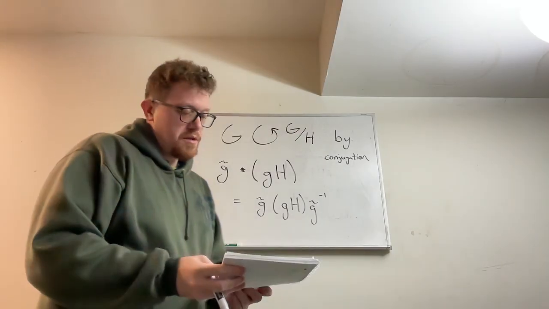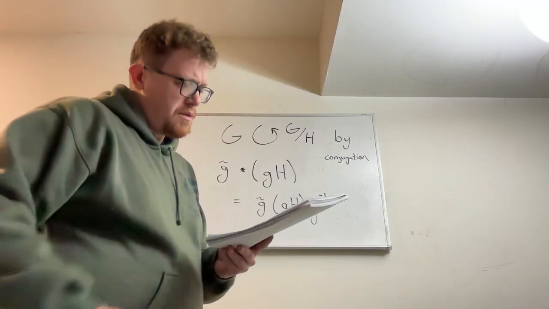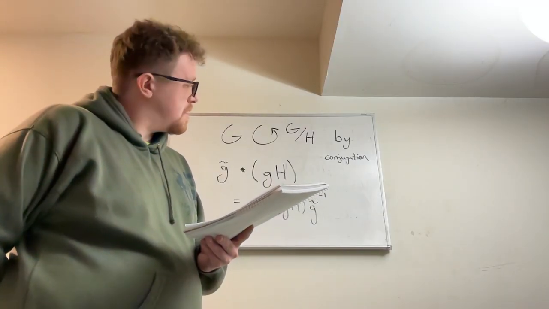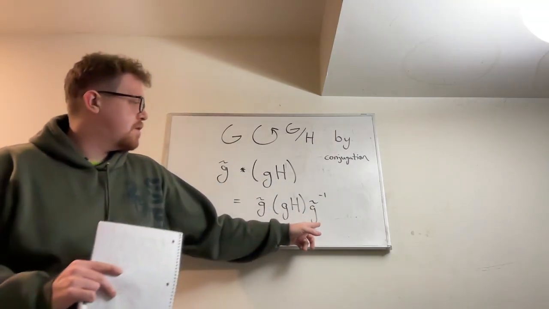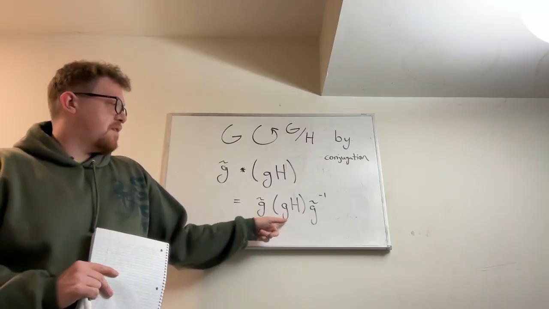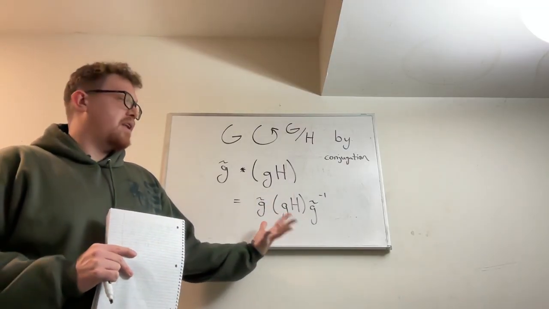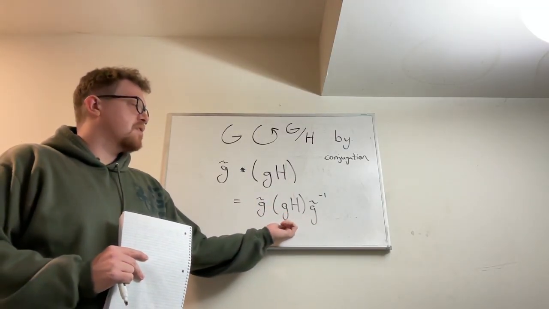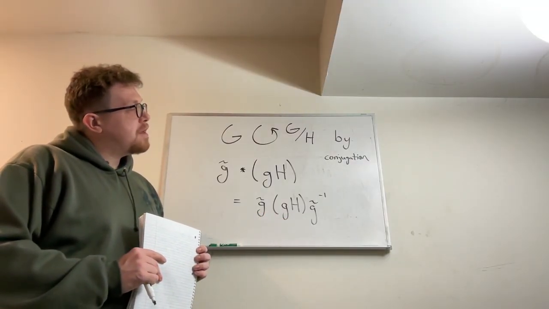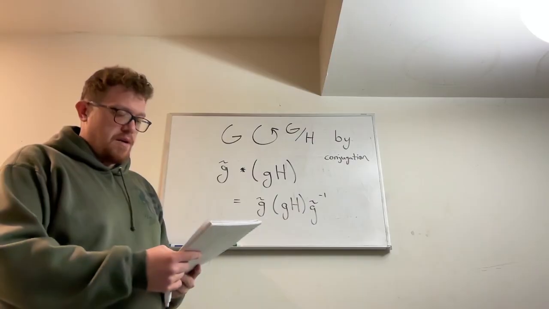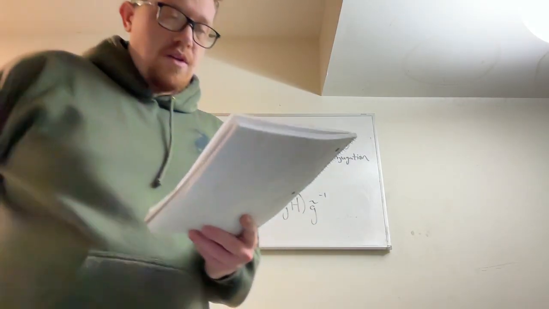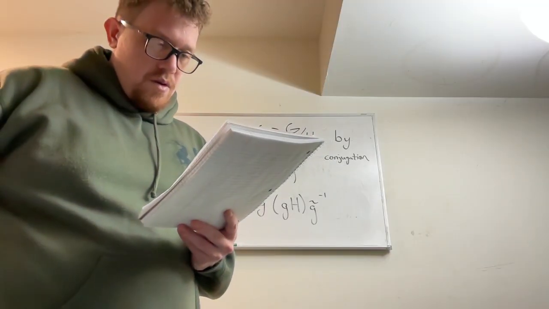I guess maybe this action doesn't make sense unless H is already normal, because to commute one of these g's to the other side of H and still remain in H is equivalent to being normal. So maybe I'm making a mistake here, but I don't know what other action would make sense, because we want to show that it's normal.